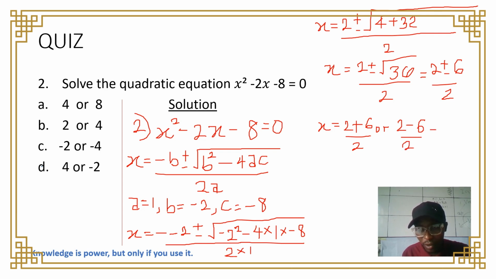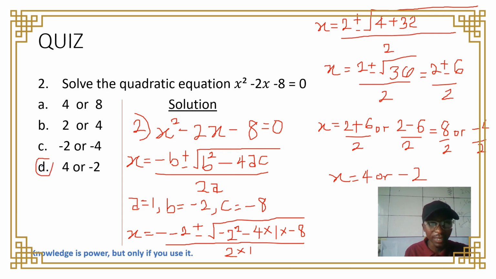That is 2 plus 6, which is 8 over 2, or 2 minus 6, which is -4 over 2. Then our final answer is x equal to 8 divided by 2, that's 4, or -4 divided by 2, that is -2. So our answer is -2 or 4, which is option D. So the correct answer is option D. I hope that is clear to you, class.